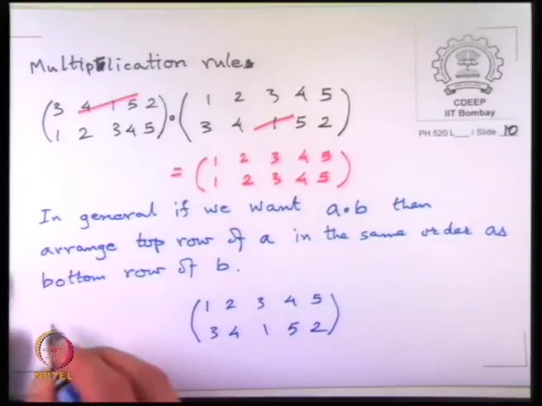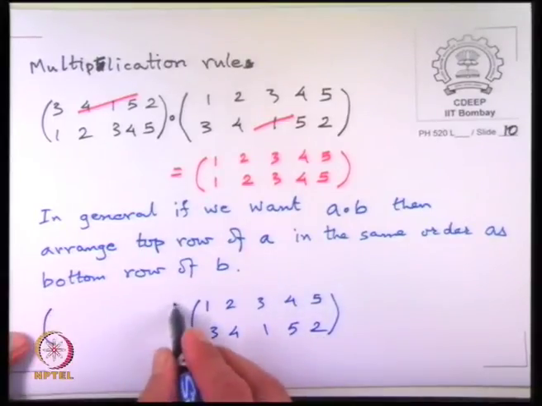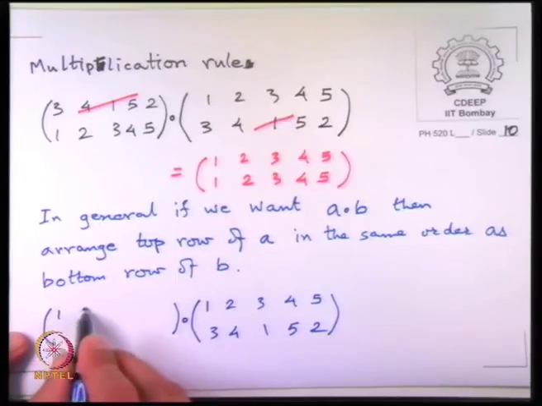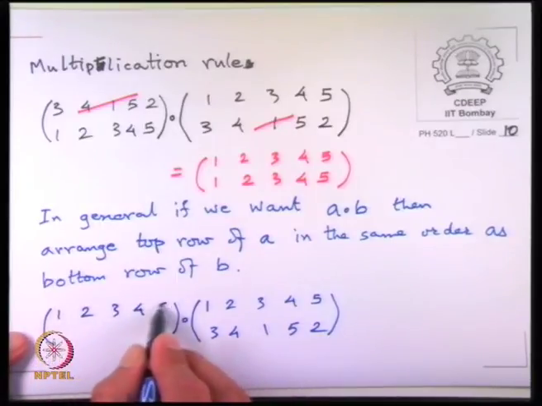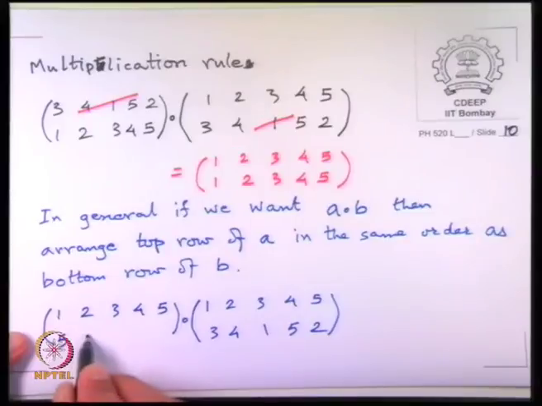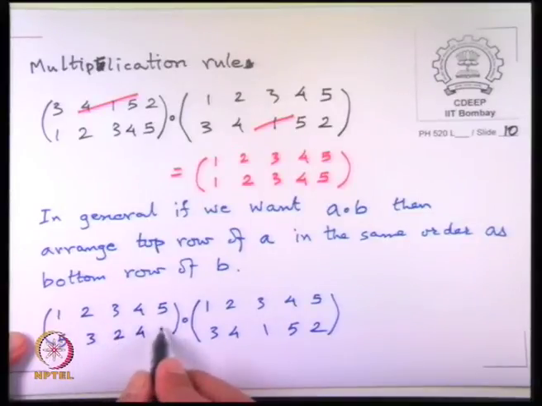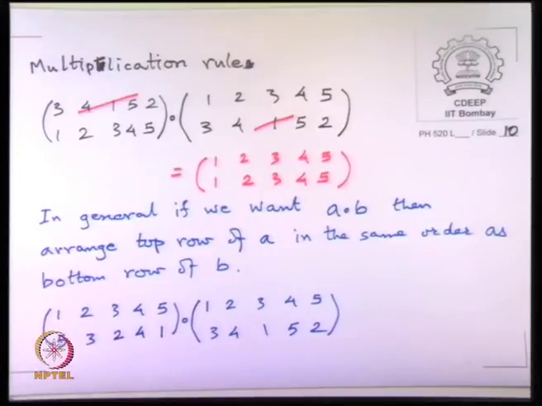Now suppose somebody gave me another operation where 1, 2, 3, 4, 5 went into, let us say, 5, 3, I am just thinking something randomly, 4 remains where it is and 1 goes to, let us say, 5. Suppose I want to do this.